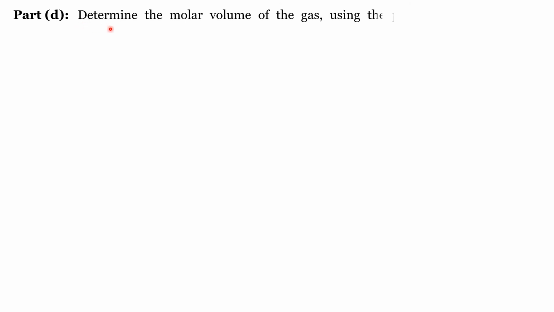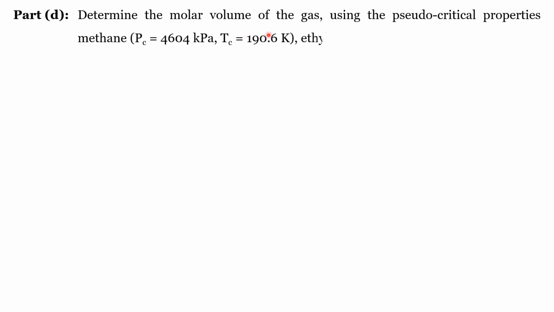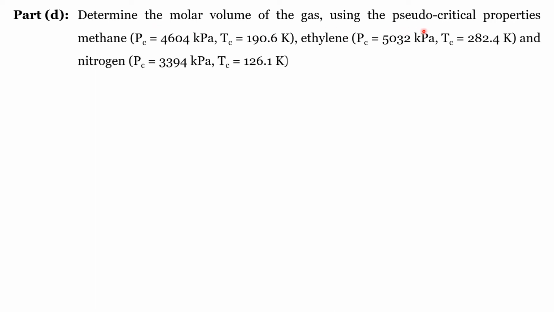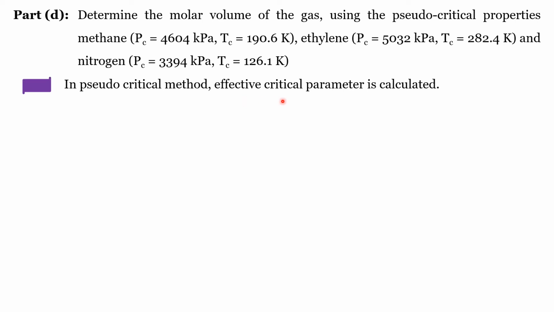In part D, we need to estimate the molar volume of gas using pseudo-critical properties. So in pseudo-critical properties, we will estimate the effective critical temperature and pressure. So we will find out the effective critical parameters. For effective critical temperature, we can write Tc equal to summation of Yi into Tci.